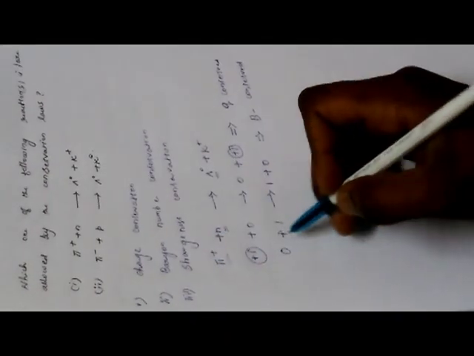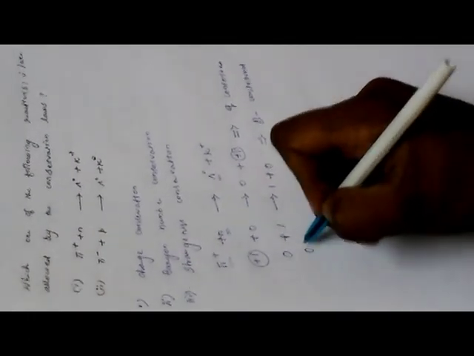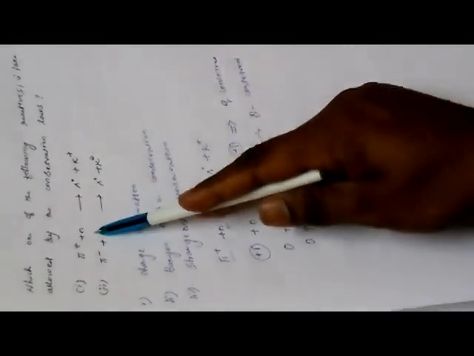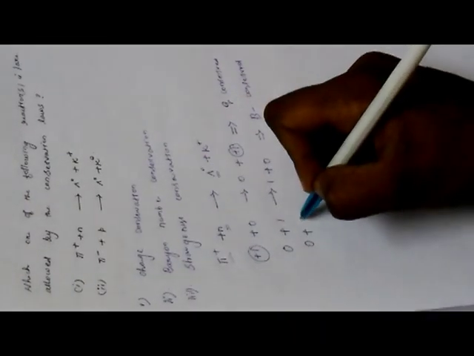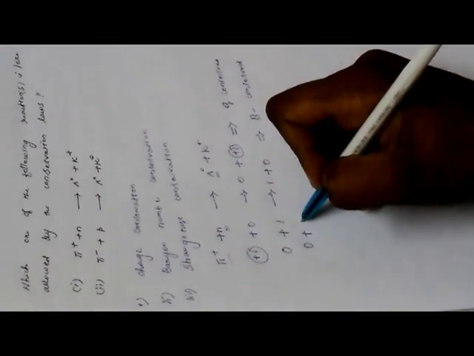Now strangeness. The pi plus has strangeness 0. The neutron is made up of up, down and down quarks, so its strangeness is also 0. But the lambda 0 particle is made up of UDS, so its strangeness is minus 1. The K plus is made up of an up quark and an anti-strange quark, so its strangeness is plus 1.